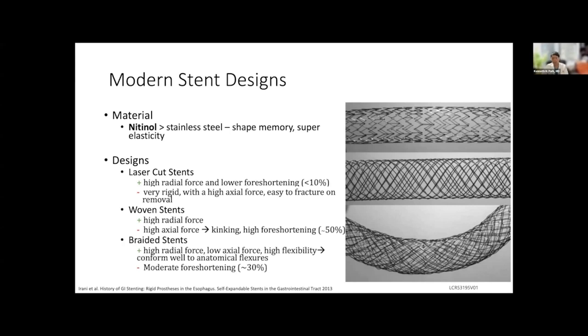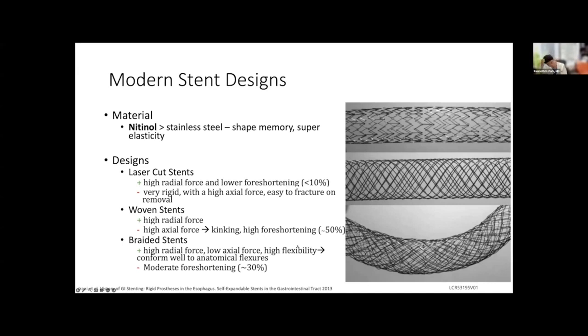And finally, the stent that I use, I think, is the epitome of the correct stent design. These metallic stents are the braided stents, which have very high radial force, but also, very importantly, very low axial force, which adds to its high flexibility already.